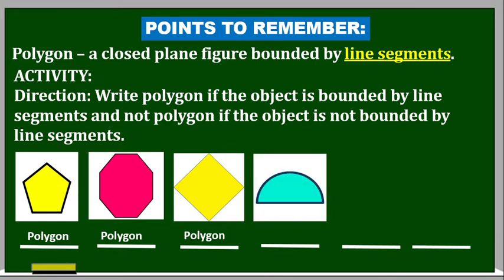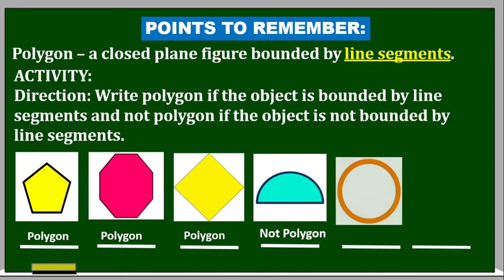Next object. Is the object bounded by line segments? No, because there is a curved line. So it is not a polygon. How about object number 5?